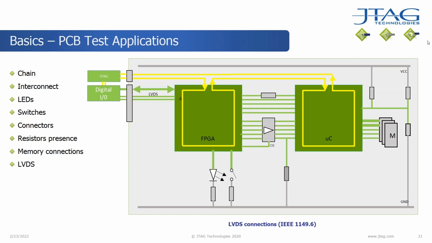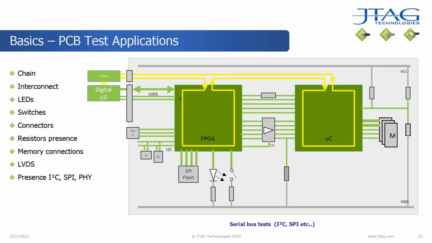AC xtest allows you to generate either a fast pulse or a fast pulse train in order to bridge the decoupling component, normally a capacitor. And there is a detection circuit on the receiver end of a .6 compliant part, which can detect that pulse or pulse train.